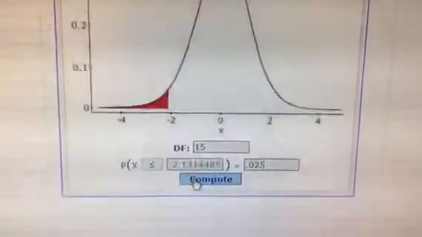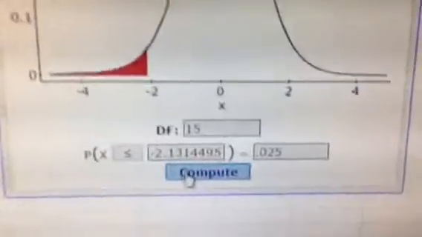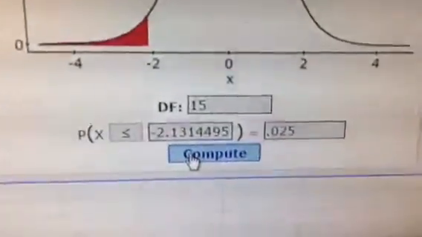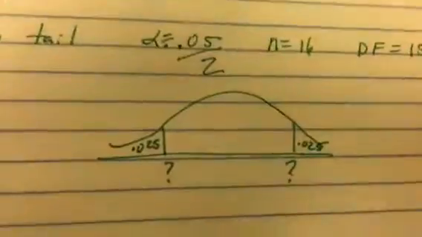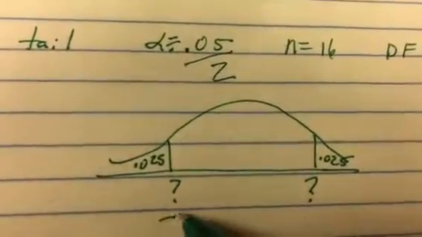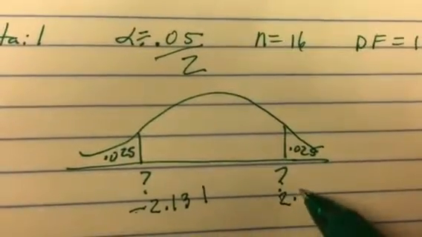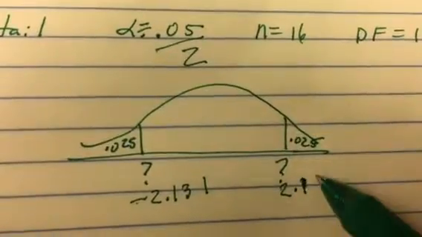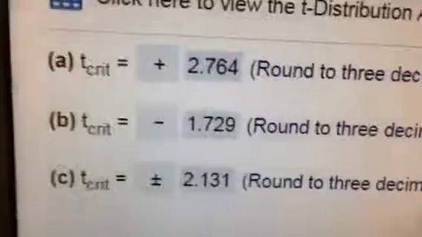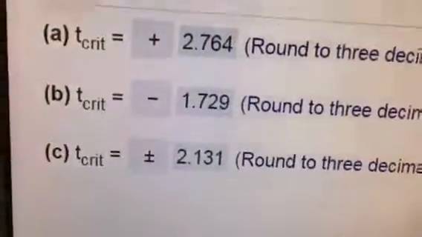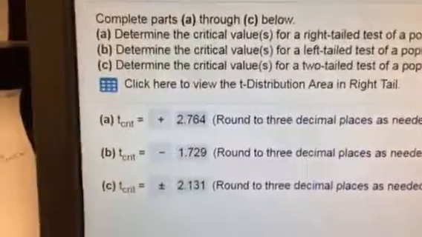But I have to remember I'm doing 2 tails, so I have to do a plus and a minus. In this I get 2.131. So in my problem I have a negative 2.131 and a positive 2.131. And there's a plus minus on this. So that's how you find your critical t-values.